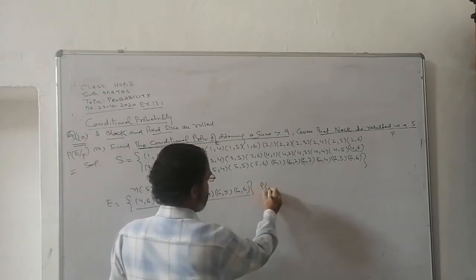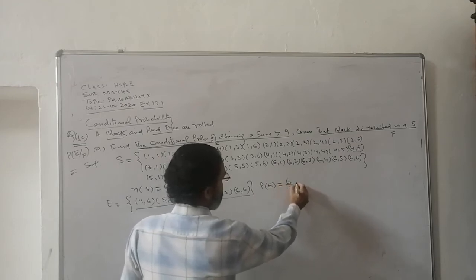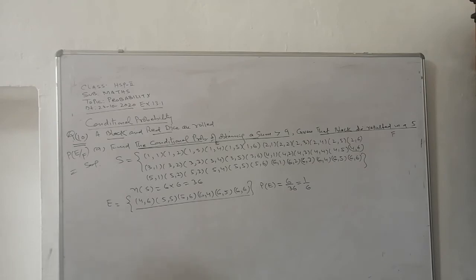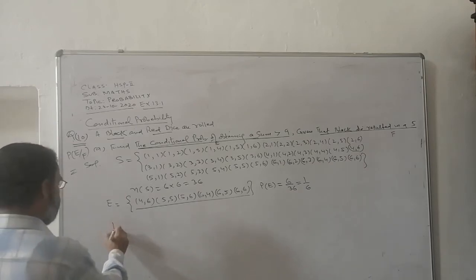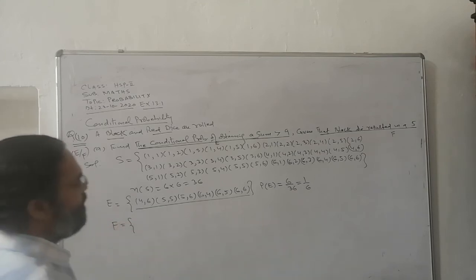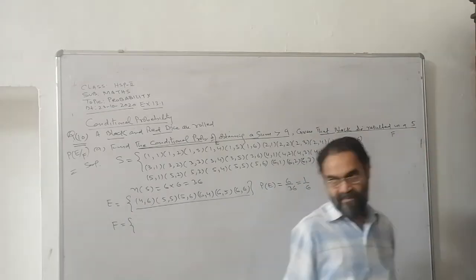The probability of E will be 1 upon 6. Now, so far as event F is concerned, F is an event where the black die resulted in a 5.